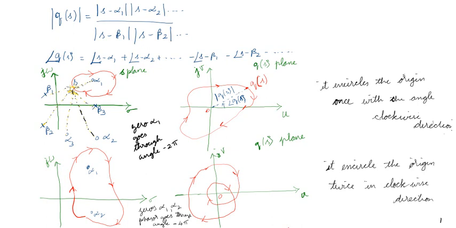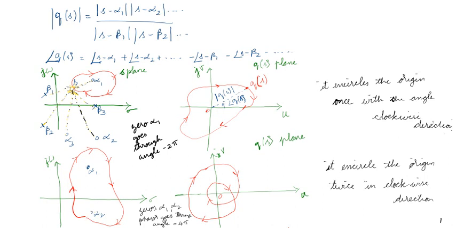Now, look at the second example. In the second example, two zeros are enclosed, right? The zeros are alpha 1 and alpha 2. Already we have seen for a single alpha, the total phase angle contribution is minus 2 pi. For 2 alphas, it is minus 4 pi.